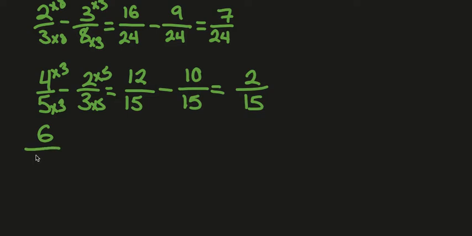Next, we have 6 over 10 minus 4 over 8. The least common denominator, or greatest common factor, between 10 and 8 is going to be 40.